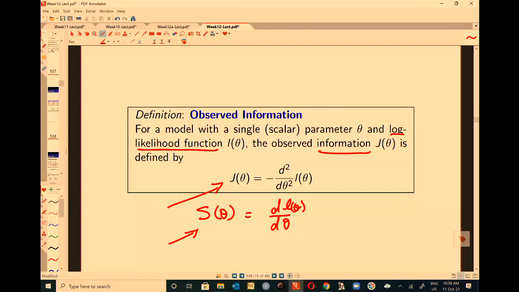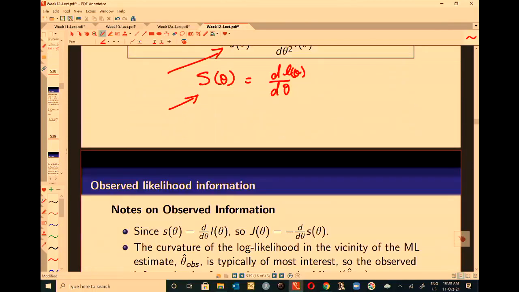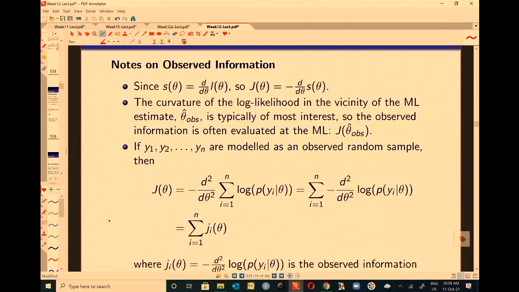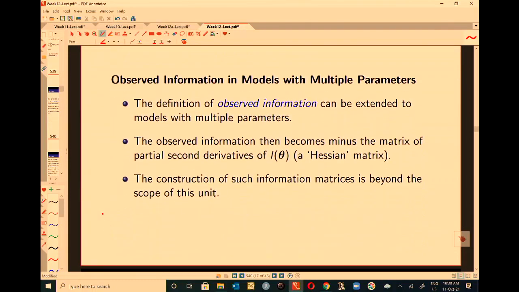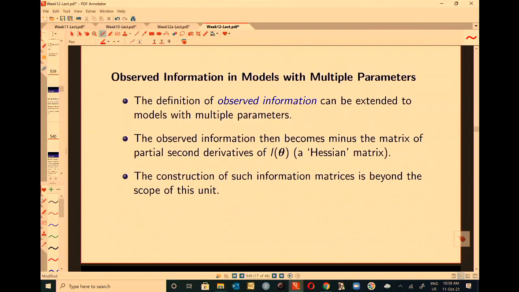Okay, that's important. It's a matrix in general. The matrix of partial second derivatives is called the Hessian matrix. That's the name we use for the second derivatives.